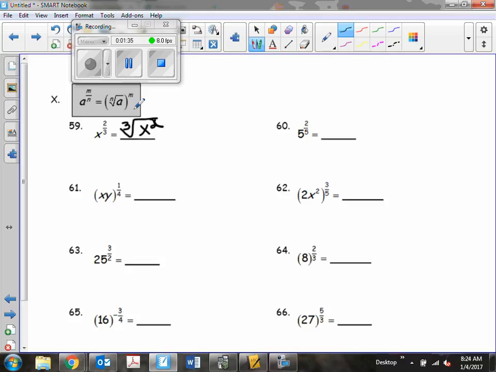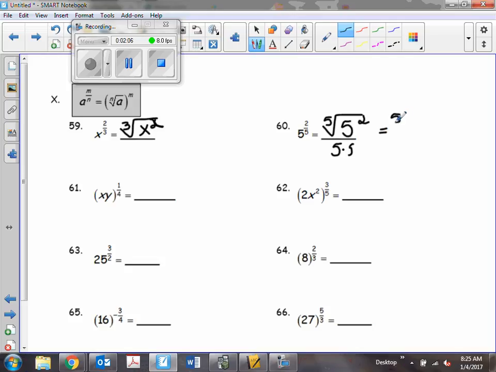So if I take a look at number 60, I have 5 raised to the 2/5. Well, that 5 on the bottom is part of your radical, and that 2 is that exponent. Now, I can actually simplify this down just a little bit because 5 squared is saying 5 times 5, and I know 5 times 5 is 25.